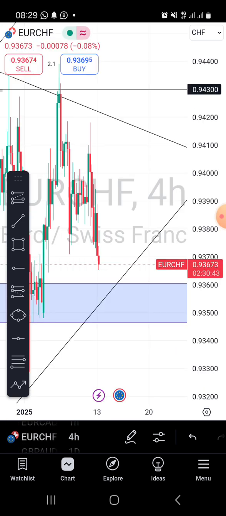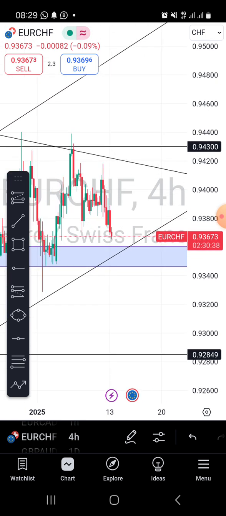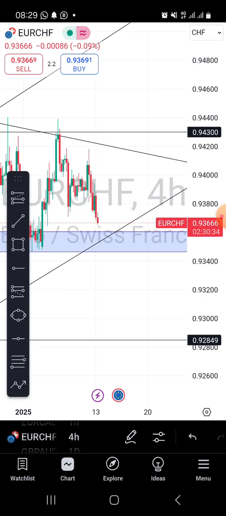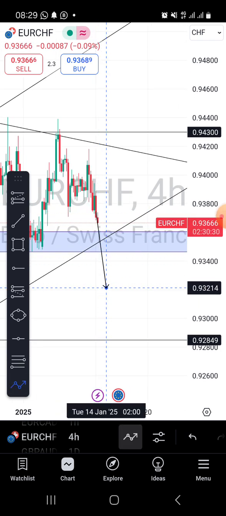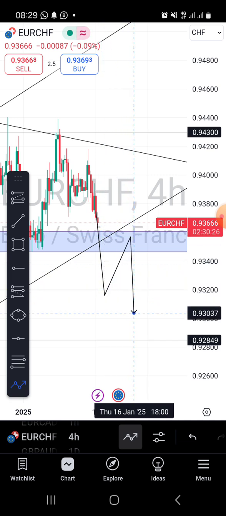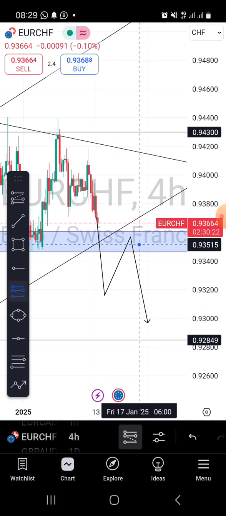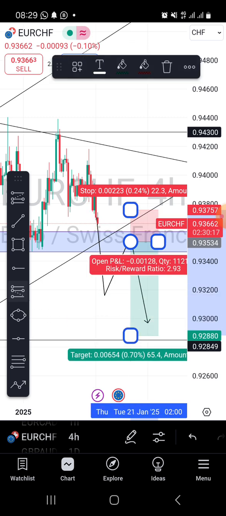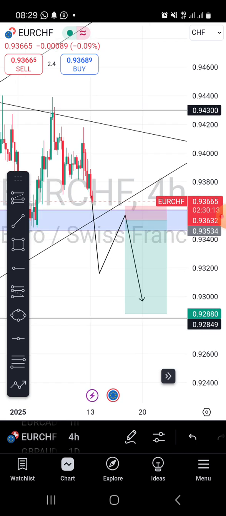Then this, let it close below this support level, make a retest, break through clearly, retest, then come down, so that I can gladly have my entry here. And voila, we are in.